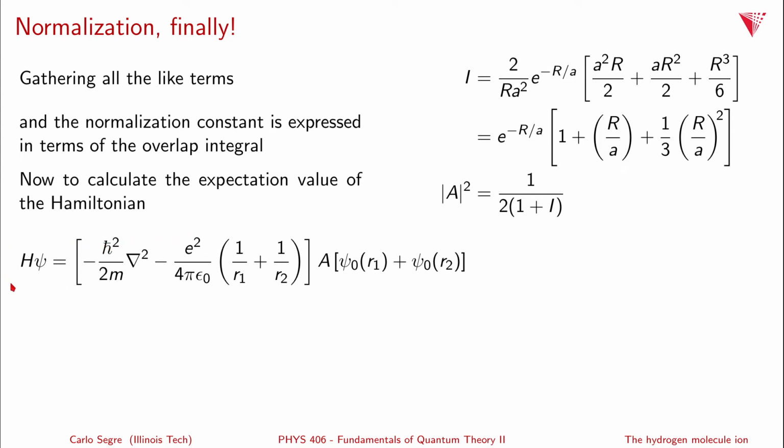Remember, the Hamiltonian applied to psi is equal to minus h bar squared over 2m times the Laplacian minus e squared over 4 pi epsilon naught times 1 over r1 plus 1 over r2, applied to the wave function, which is defined by this expression here, A times psi 0 of r1 plus psi 0 of r2.